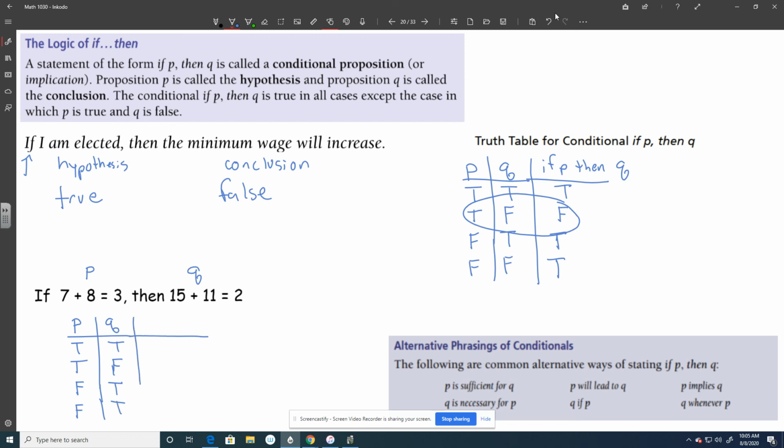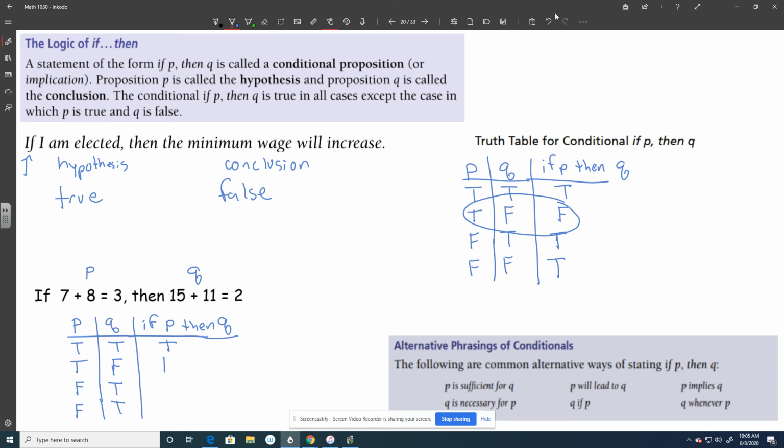So now let's look at the if-then. If P is true, then Q is true. So that first one is true. The second one, P is true, but Q is false. So this is correct, this is not.